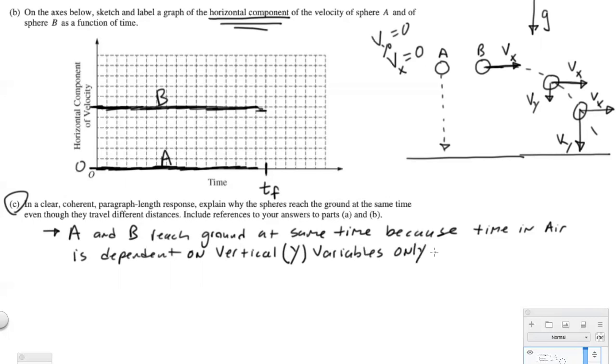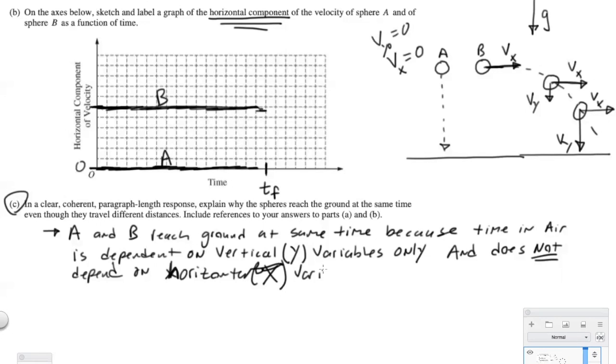And then you could even go on to say, and does not depend on x, well, we should say horizontal or x variables. That really is the most important thing right there. Time in the air depends upon vertical values and not horizontal values.